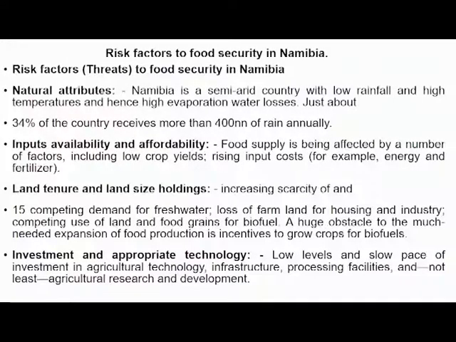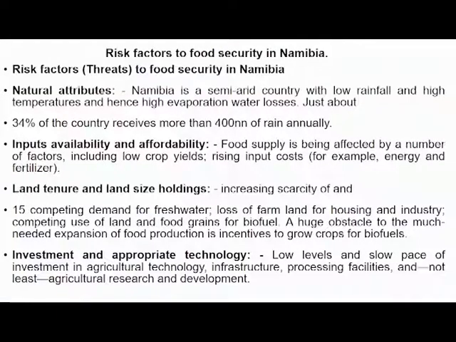Now, I want us to look at the risk factors to food security in Namibia. More especially, we are looking at the threats to food security in Namibia. So there are threats, or risk factors, to food security in Namibia. For example, the natural attributes.